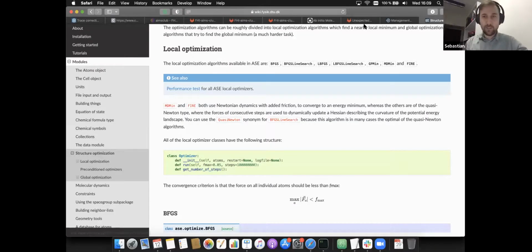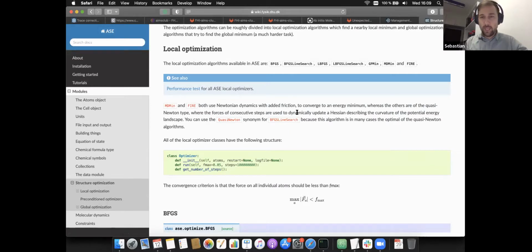If you have the feeling you have to sample your potential energy surface to find maybe another minimum, then you can use something called MDmin. This is implemented in ASE. I'm not sure if you heard about it. ASE can operate similar to i-PI.